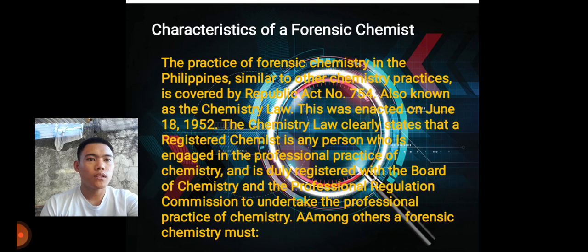The Chemistry Law clearly states that a registered chemist is any person who is engaged in the professional practice of chemistry and is duly registered with the Board of Chemistry and the Professional Regulation Commission to undertake a professional practice of chemistry, among others, a forensic chemist.